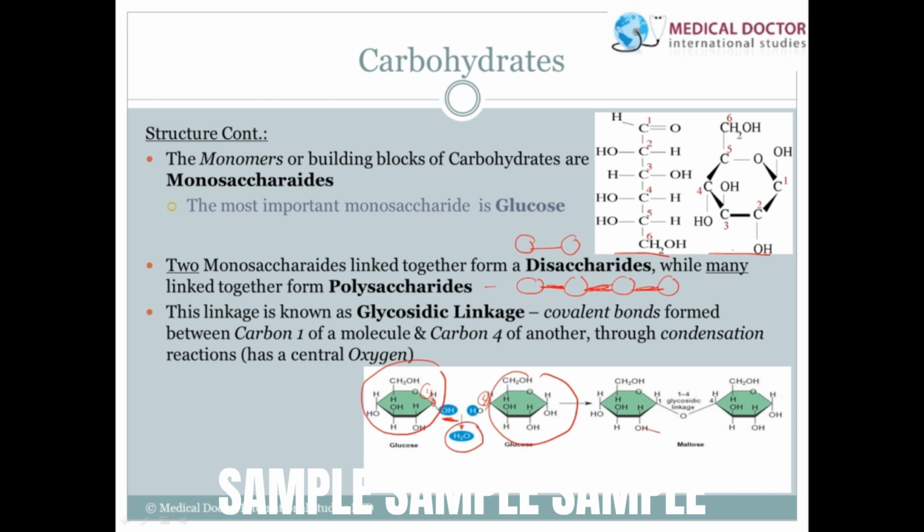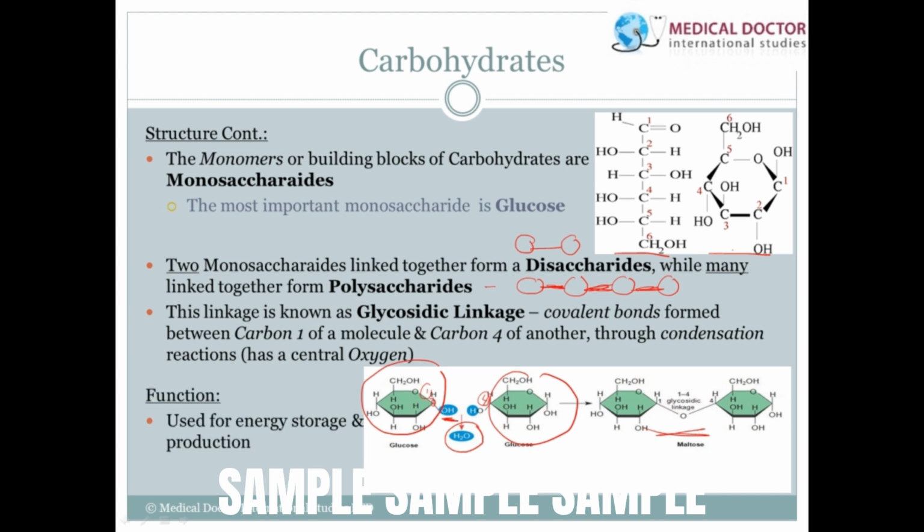And here we have our glycosidic linkage with a central oxygen atom. If you don't understand how the bonding mechanisms work and how this forms, please look back to our earlier organic chemistry lectures explaining the way bonds form and the way molecules interact with each other in forming a molecule.